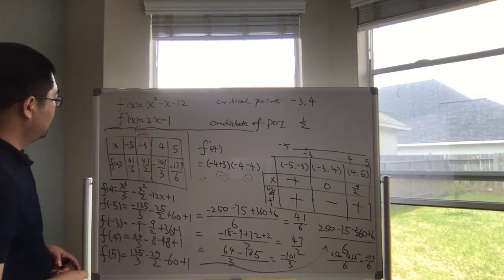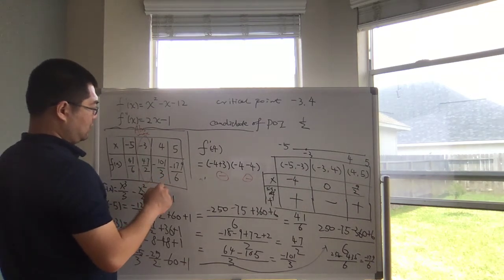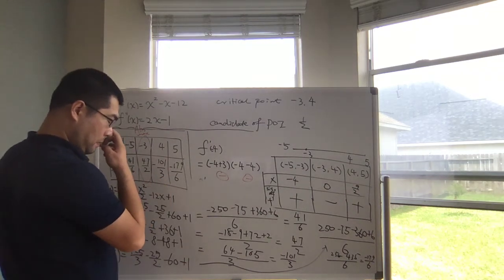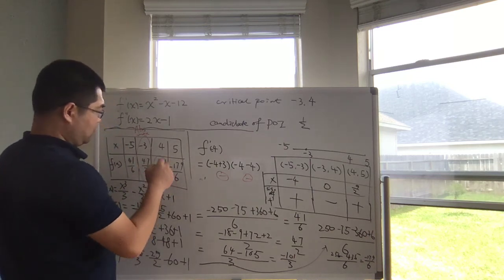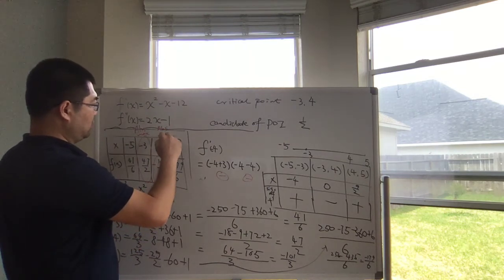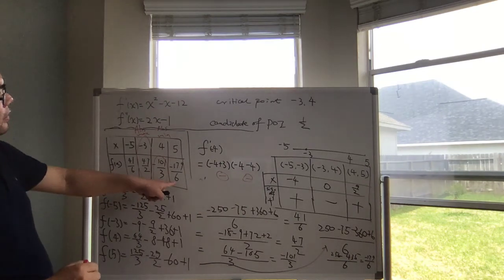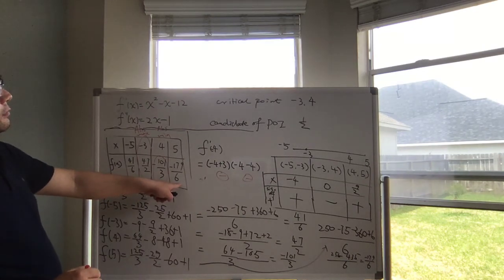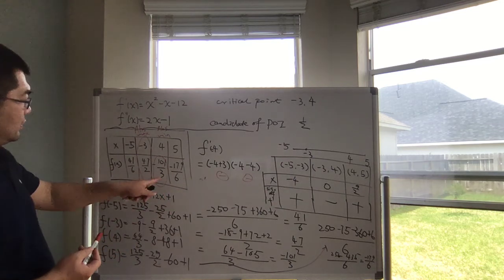And at 4, you have the absolute minimum, because this is negative 33 something. This is greater than negative 30, so this is smaller.